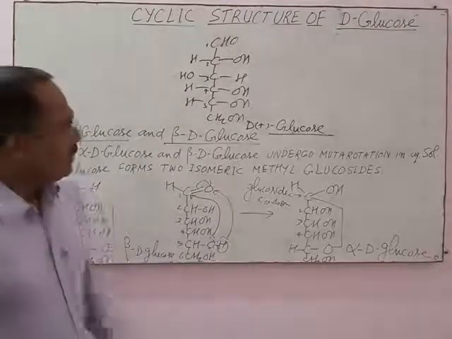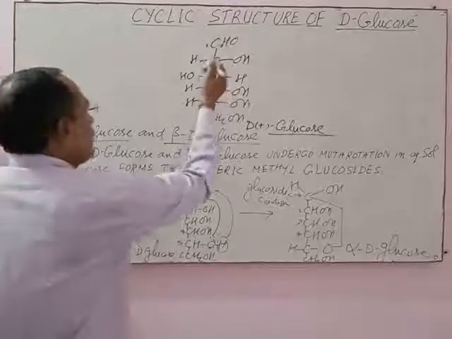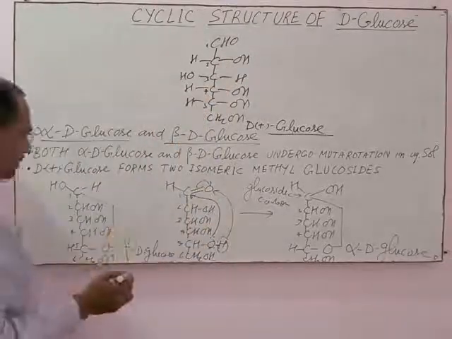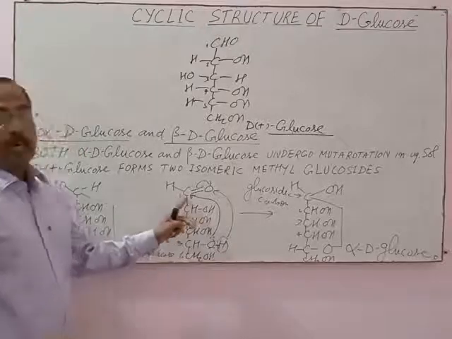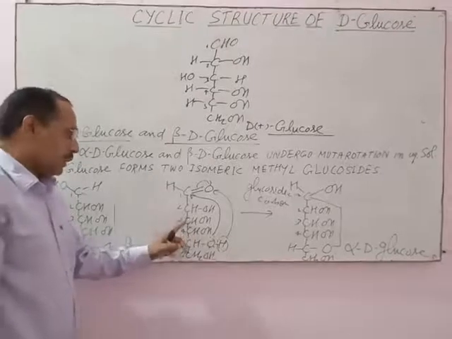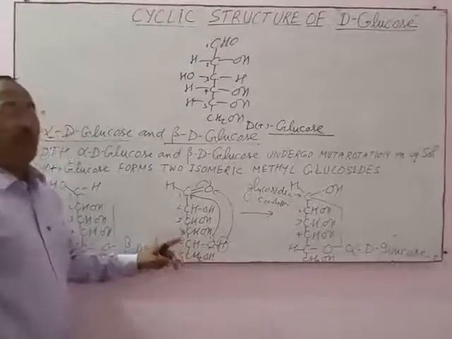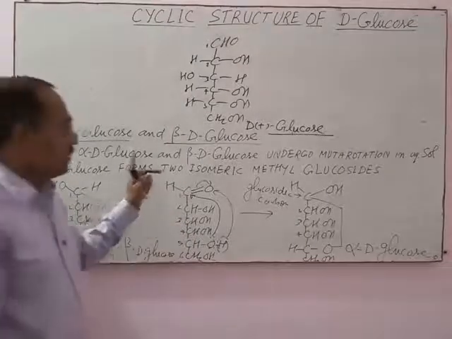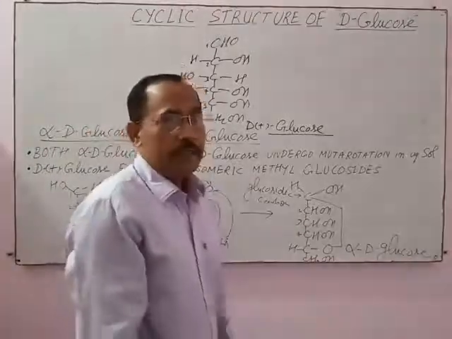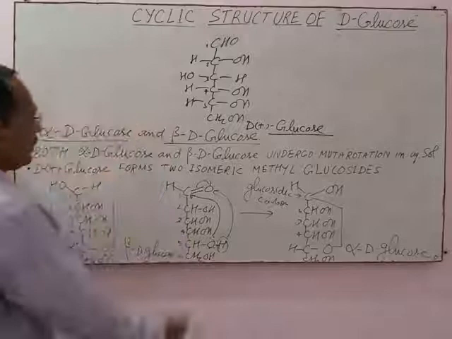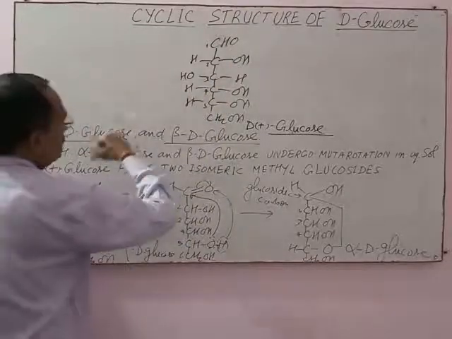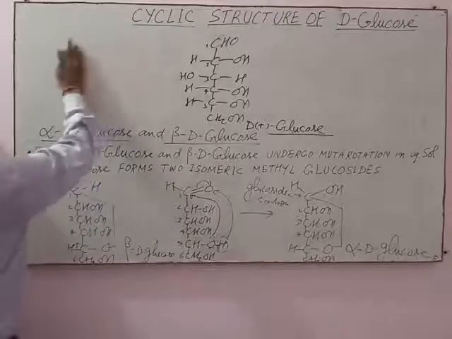But epimers: if the configuration of H and OH differs other than at the anomeric carbon, meaning if the configuration differs at carbon number 2, 3, 4 or 5, then this type of isomers are known as epimers. For example, glucose has an open chain structure and a cyclic structure.